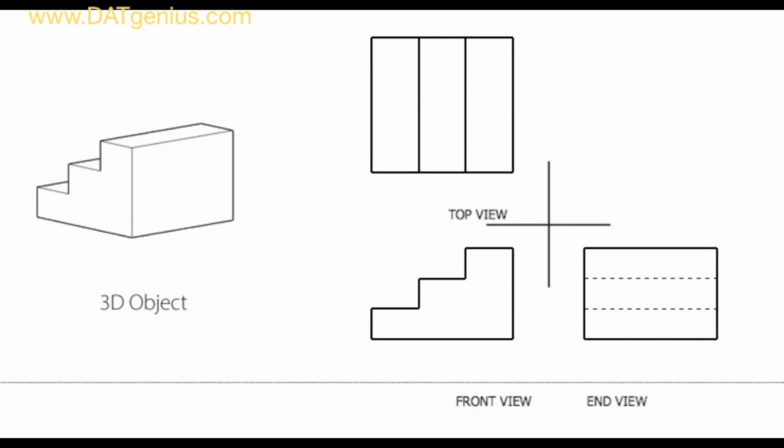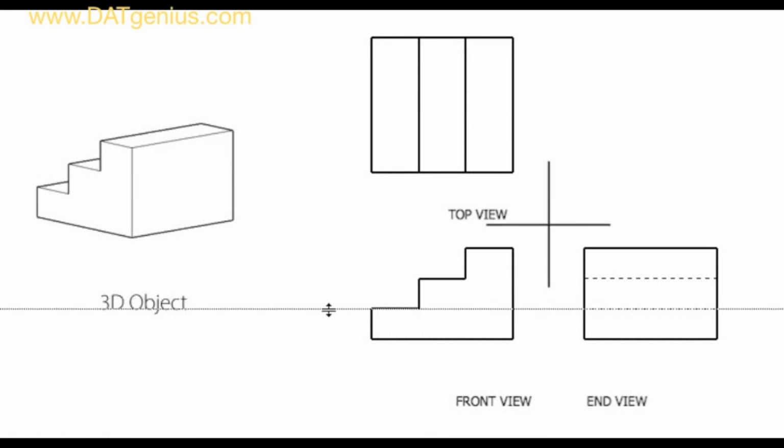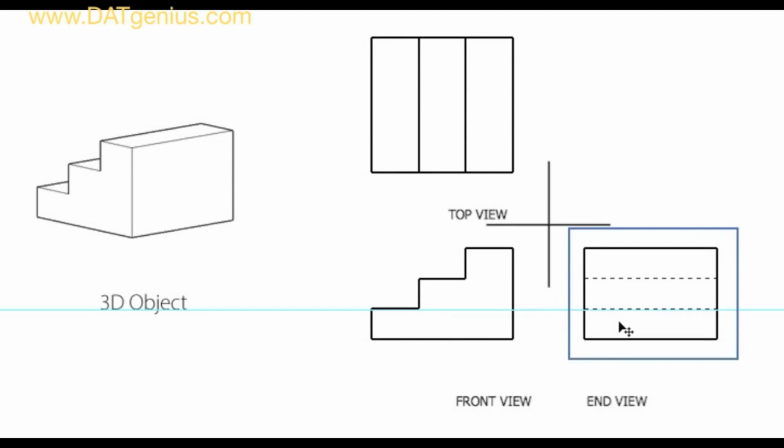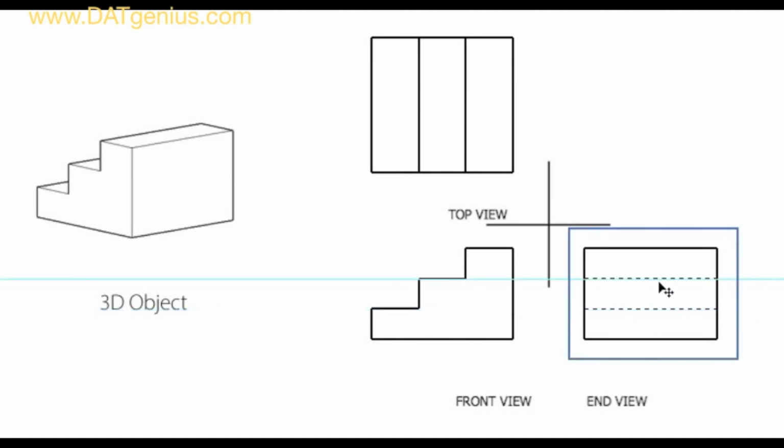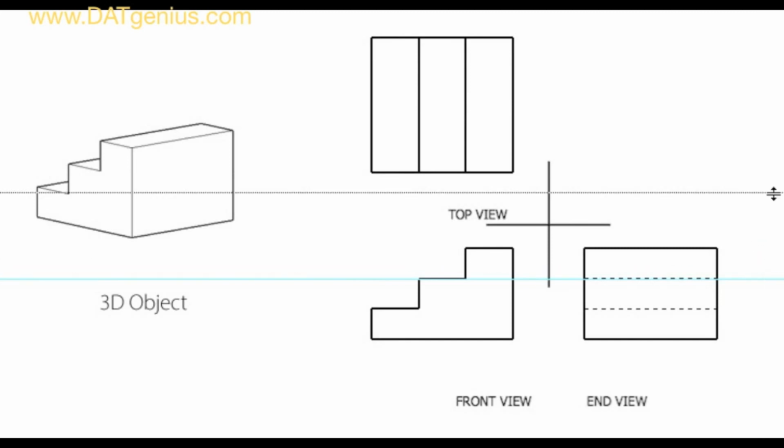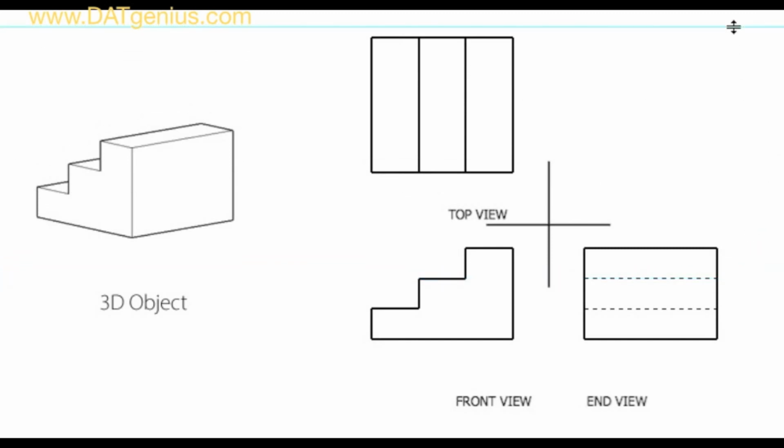And again, because of perfect accountability, you'll see that these lines line up exactly. So this change in elevation marks exactly with this dashed line, and this change in elevation marks exactly with this dashed line. So we can see now that we understand the difference between solid lines and dotted lines and how everything in top front end needs to be accounted for.